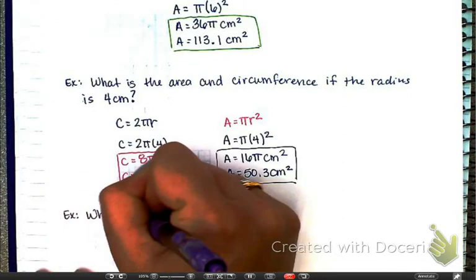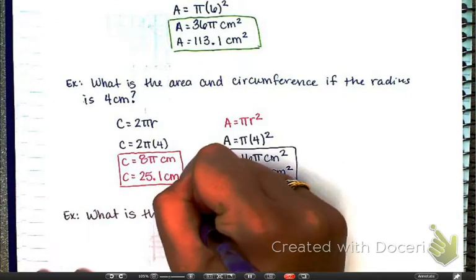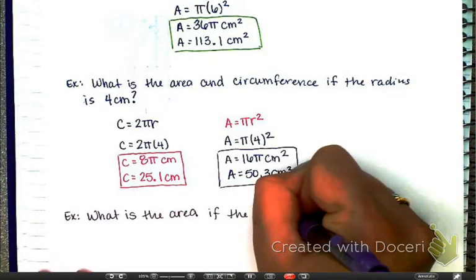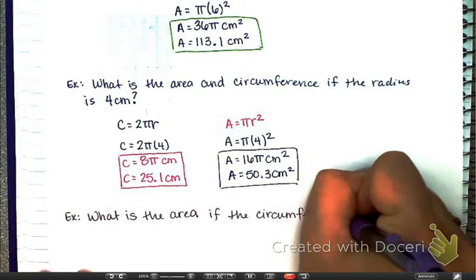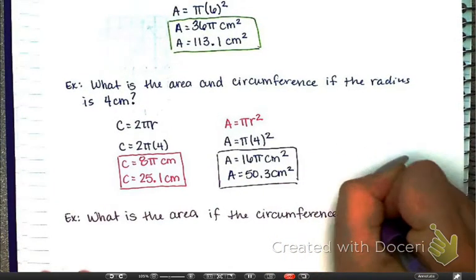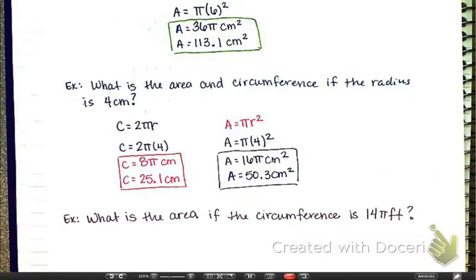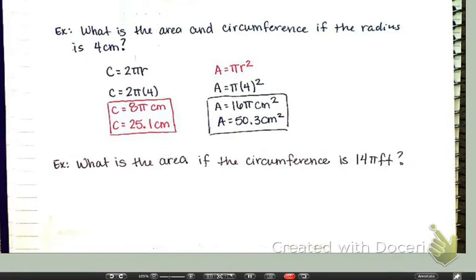What is the area if the circumference is 14 pi feet? We're going to do this together. What is the area if the circumference is 14 pi feet?